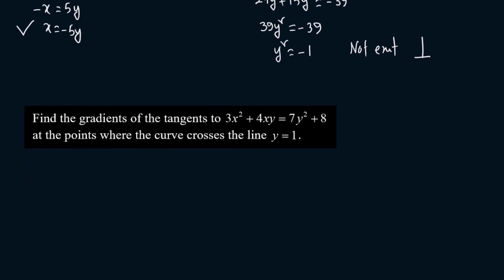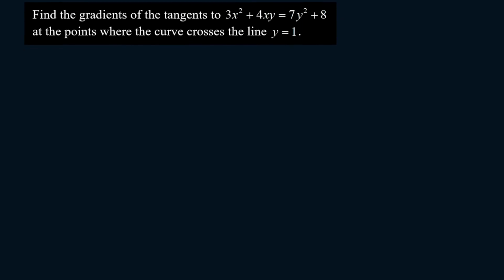So next question is find the gradient of the tangent at the point where the curve crosses the line y equals to 1. So first we needed to find out the x value, if there is any x. So let me substitute this y in the equation. So then you can write 3x square plus 4x into 1 equals to 7 into 1 square plus 8.